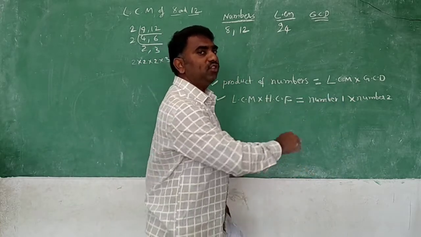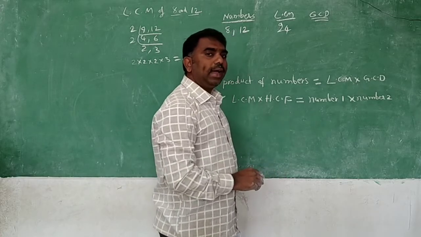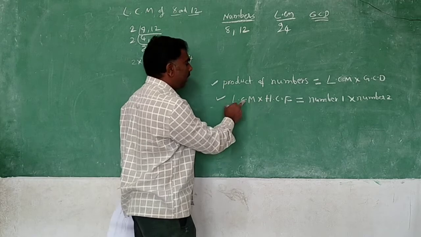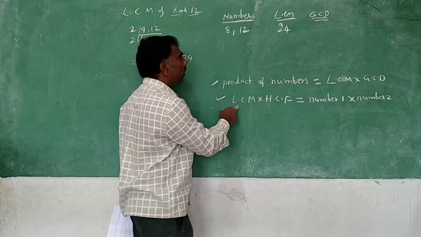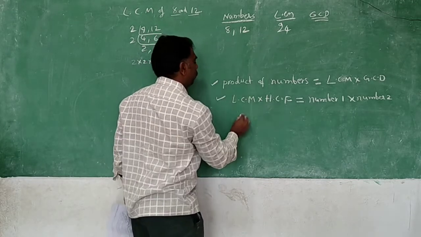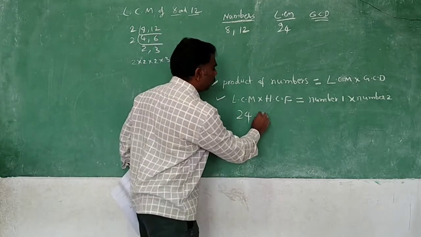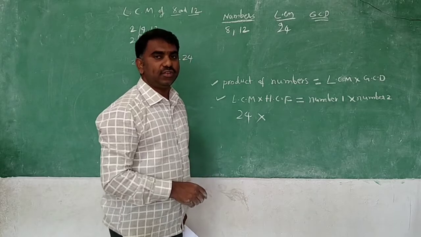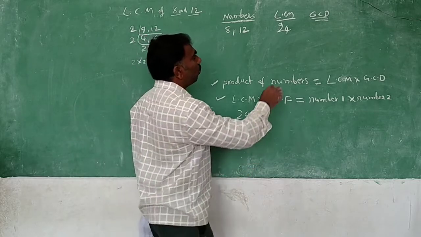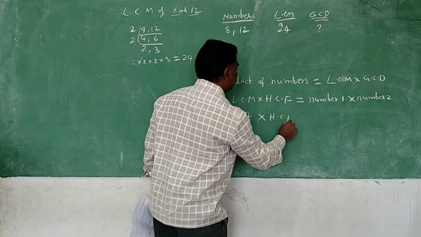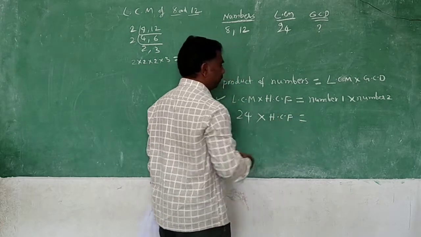Just write this formula and write what you know. I know the LCM, 24. Then into HCF. We don't know it, you are going to find it, so simply write HCF.